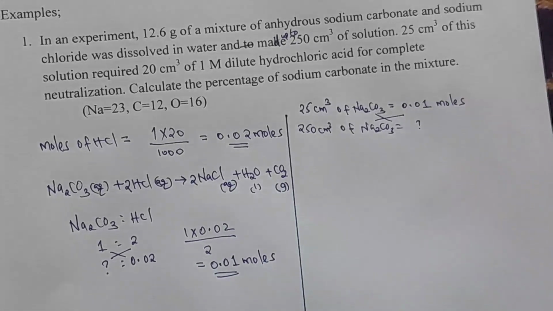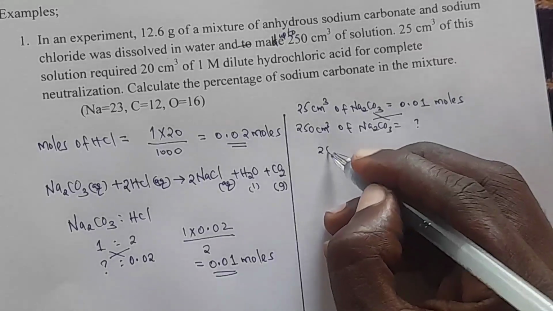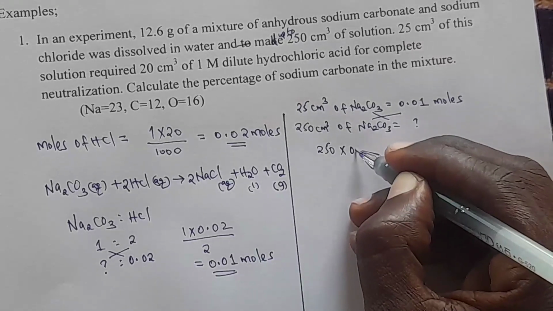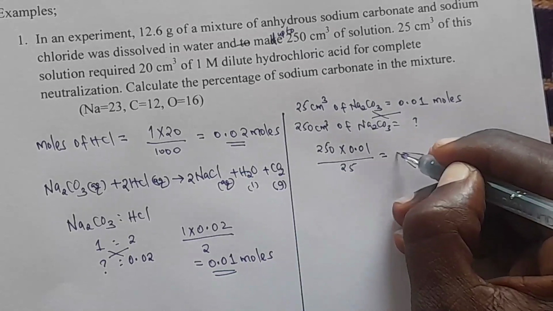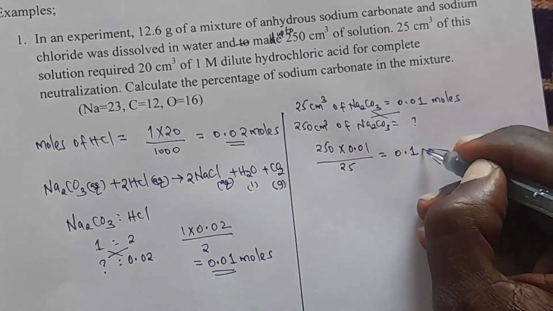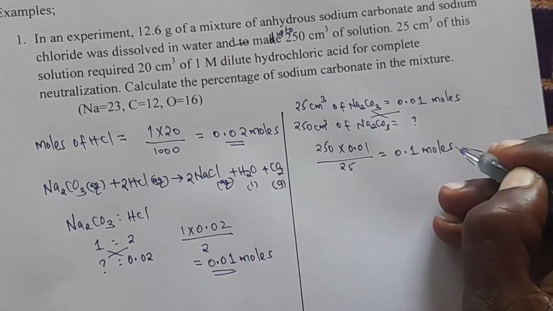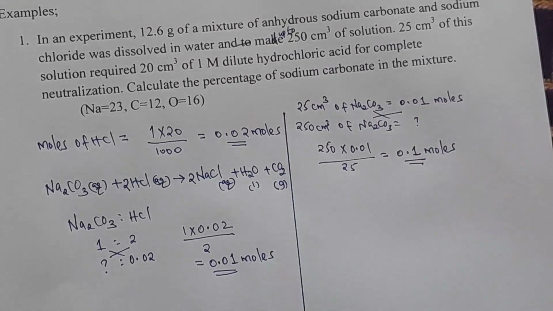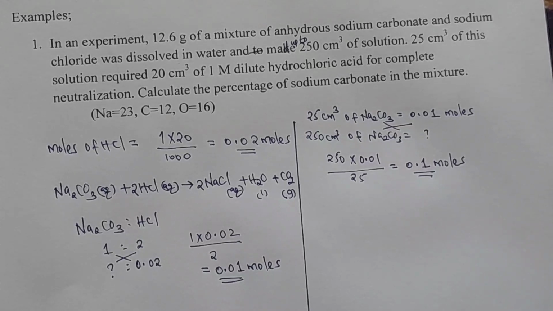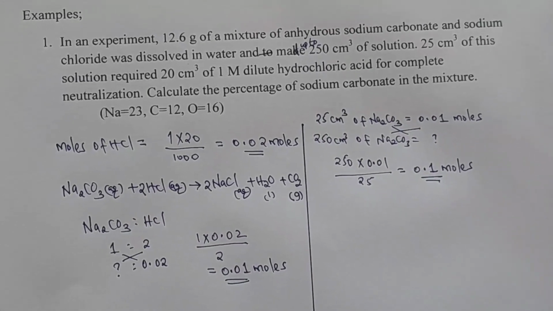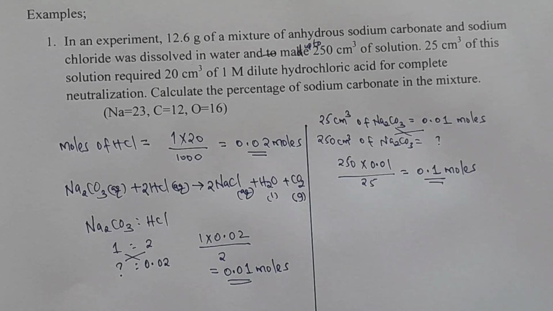We are going to cross multiply. We say 250 multiplied by 0.01 divided by 25. Here we get 0.1 moles. Okay, next we have to know the RFM of sodium carbonate, because that will help us get the mass of sodium carbonate in the mixture.